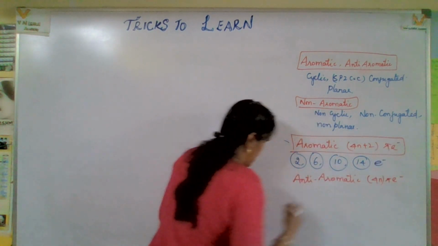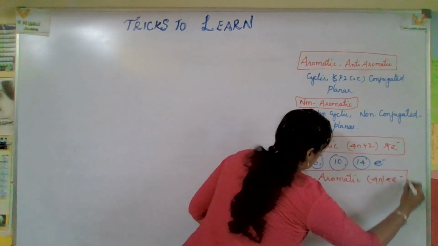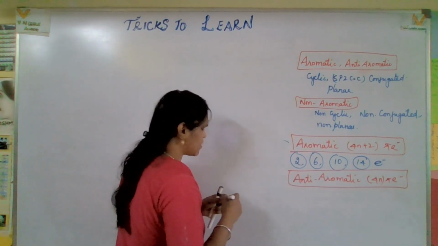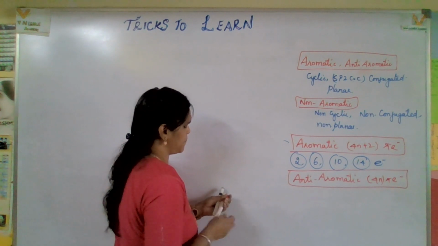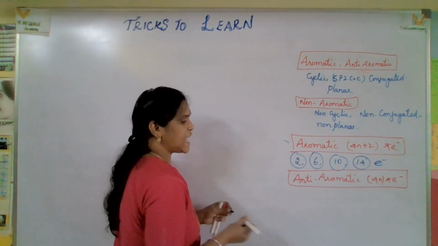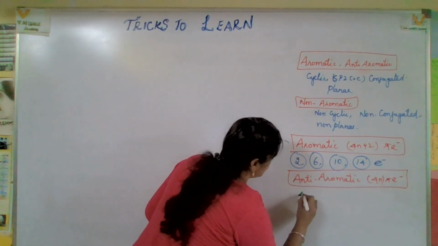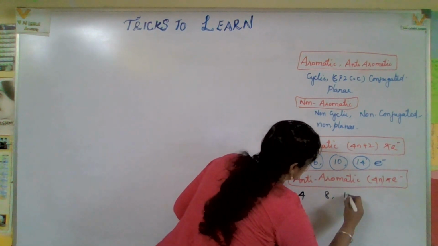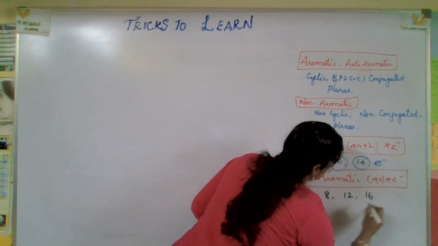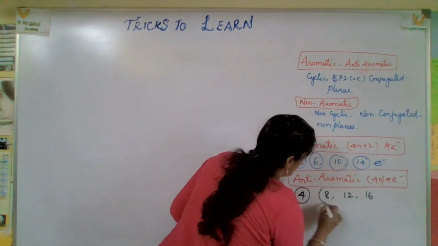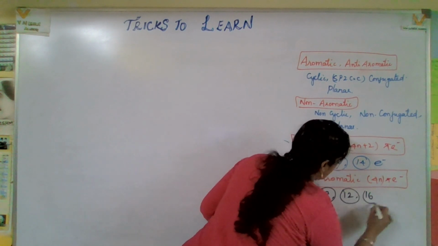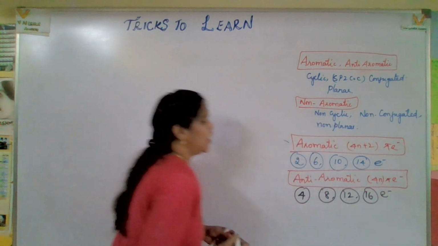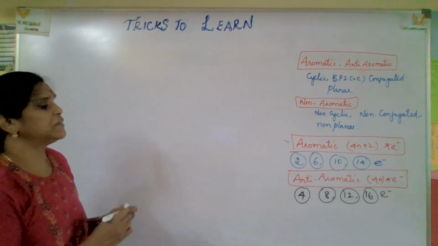So that is anti-aromatic. How many electrons must there be to identify it as anti-aromatic? That means 4 electrons, 8 electrons, 12 electrons, 16 electrons. In that way we have to consider.